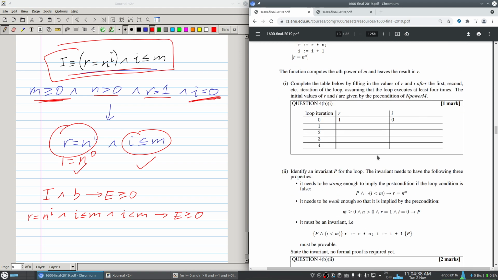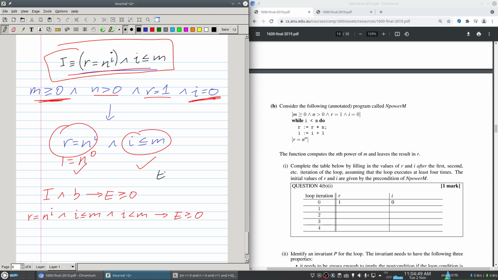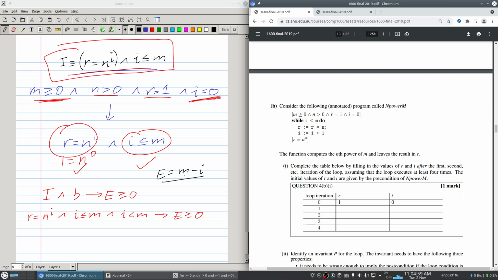So if I look at the code that I'm given, I'm looking for something that's always counting down. And it looks like i is counting up towards m. So as a good guess, we could try just m minus i as my variant. It is indeed a variant, because every time the loop runs, i gets 1 bigger, so m take i gets 1 smaller.